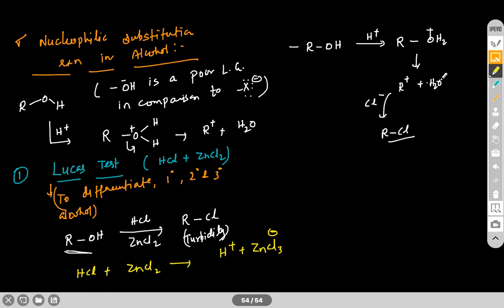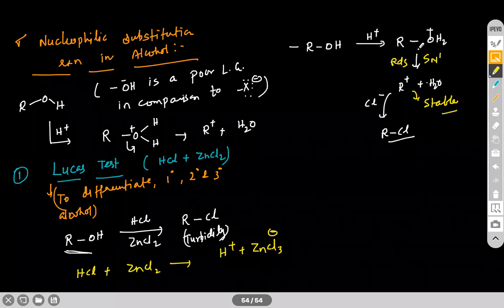Now the rate at which the carbocation forms, because this step is the SN1 RDS of the reaction. If the carbocation is stable, the rate will be more and the faster the turbidity appears. More stable carbocation, more will be the rate of the reaction, and hence we get the turbidity at a faster rate.